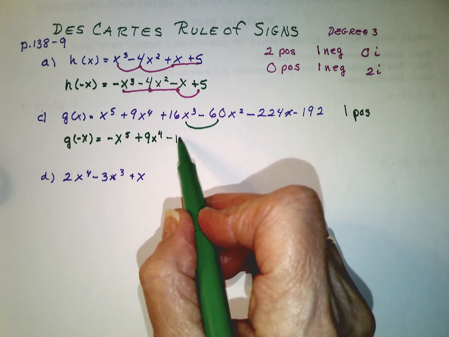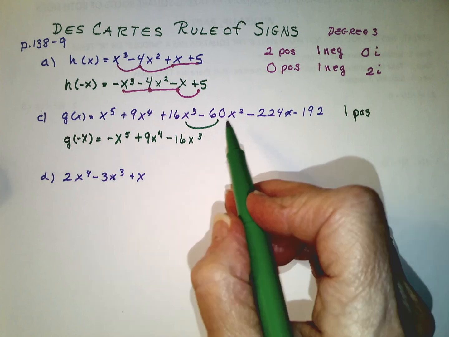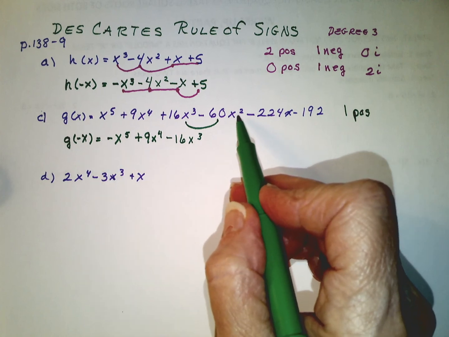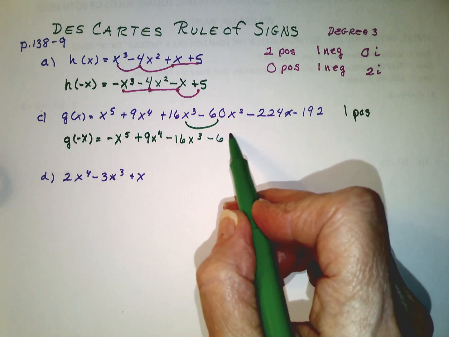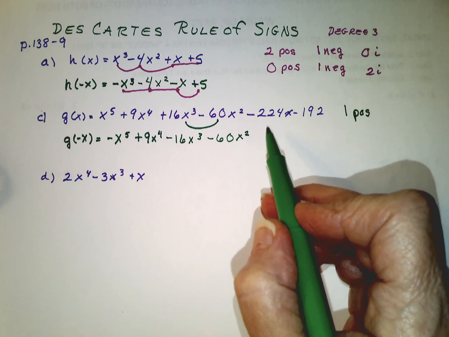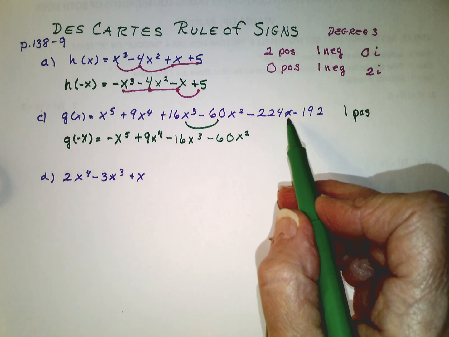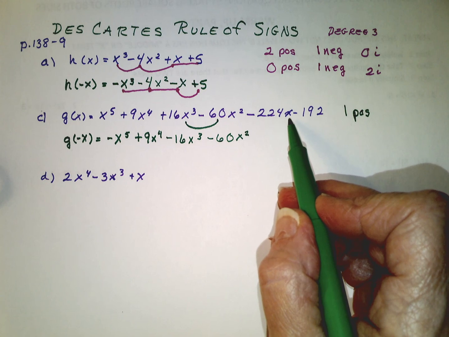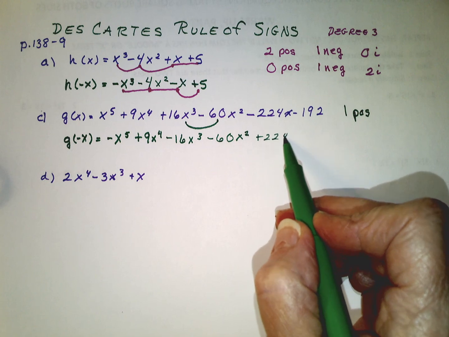So this would be negative 16, x to the 3rd. Negative x in and square it, becomes positive. Being multiplied by a negative 60, this would still be negative. If we put a negative x in here and multiply it by a negative 224, we're going to get a positive 224x.